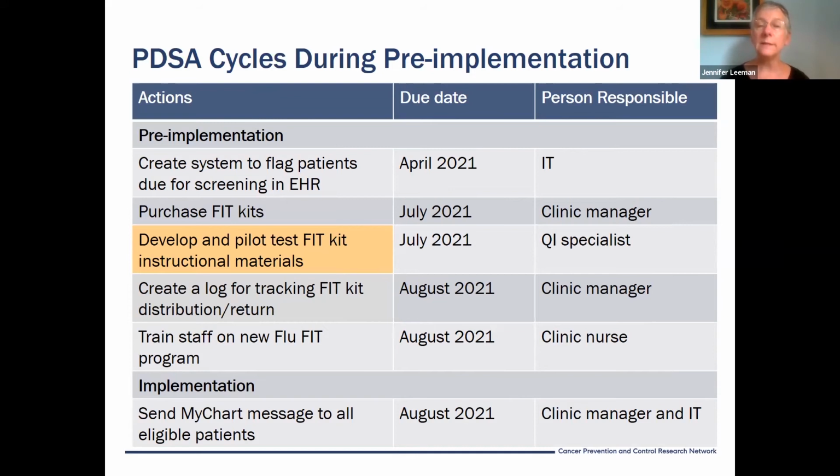In this case, it's going to be really important for your intervention success that you have test kit instructional materials that your patients understand and can use to correctly collect a stool sample. So highlighted in orange there is develop and pilot test FIT kit instructional materials. And so that's something you can pilot with a PDSA cycle.